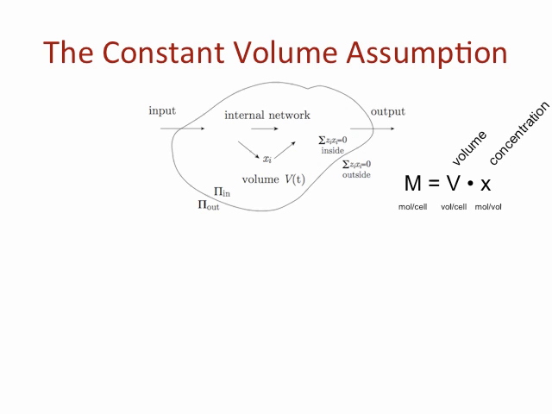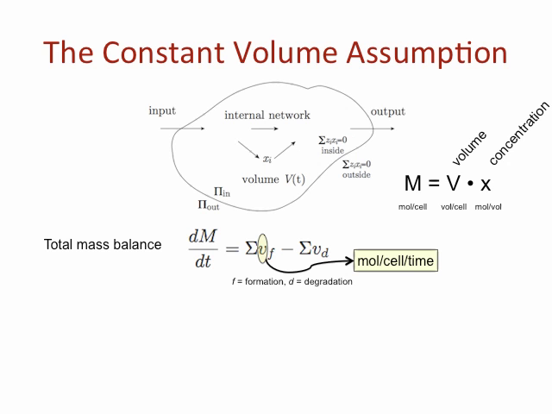That will give us how many moles of a particular compound are inside the cell. I can do a dynamic mass balance on a compound inside the cell, as shown in this equation, where the units of these fluxes are moles per cell per time, not moles per volume per time.